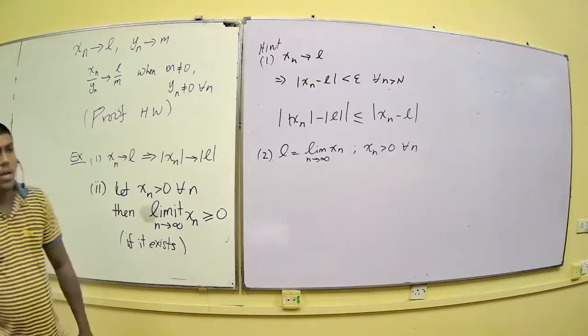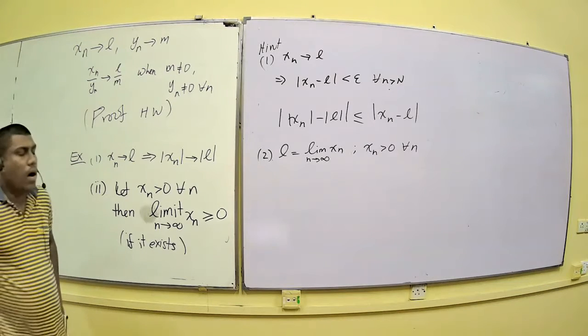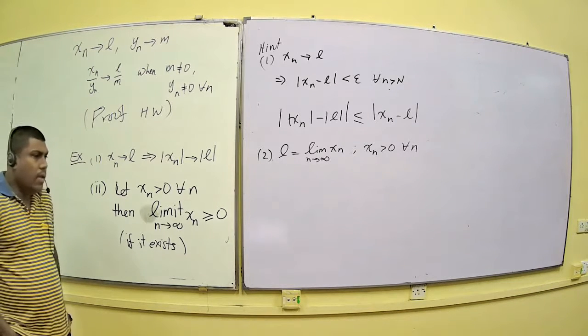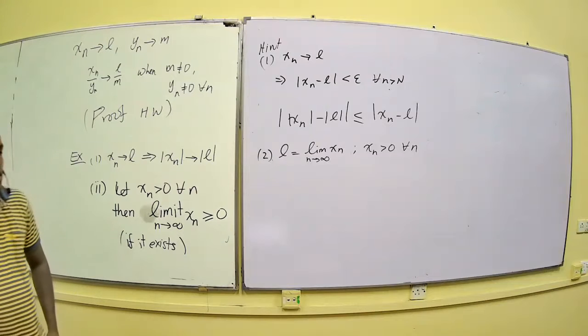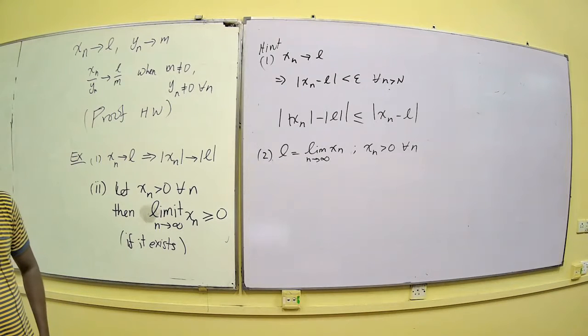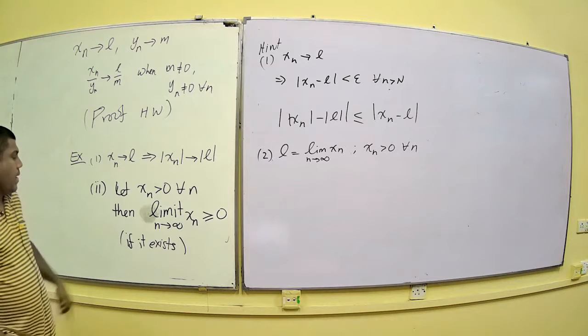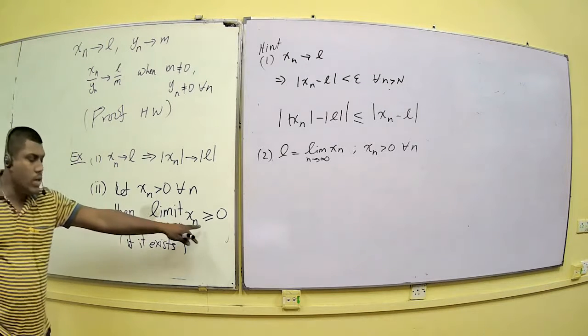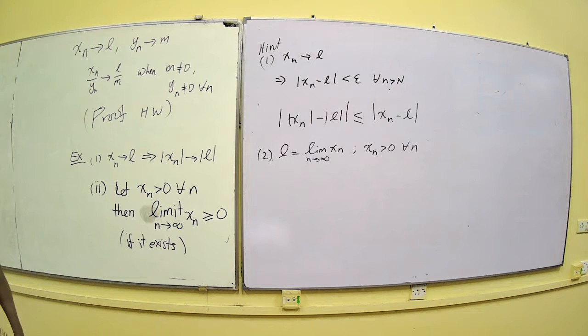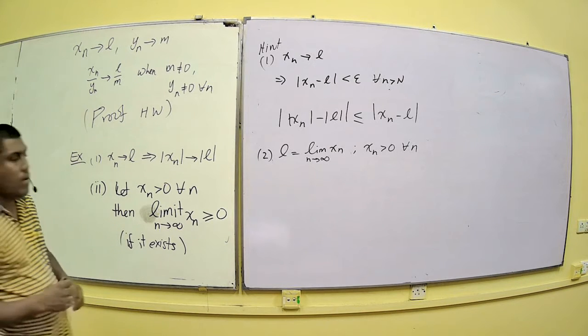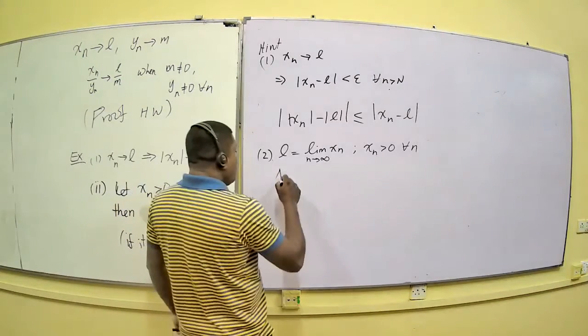By the order property, there are 3 ways you can relate a number to 0: bigger than 0, equal to 0, or less than 0. But what you want to show is greater or equal to 0, so it cannot be less than 0. So again, by contradiction, you choose.